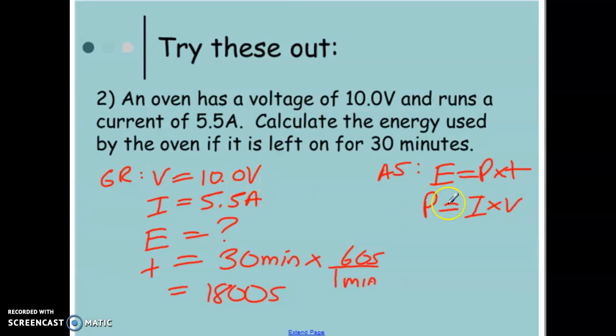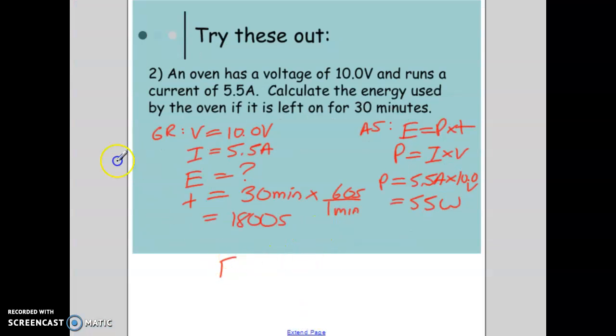So we're going to first solve for power and then plug it in to solve for energy. So power is going to be 5.5 amps times 10.0 volts, which is going to be 55 watts. And then for energy, we're going to have 55 watts times 1800 seconds.